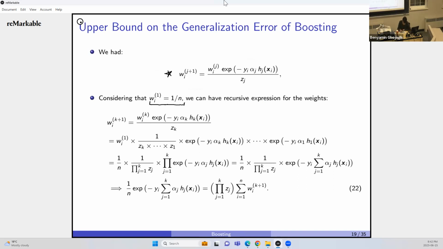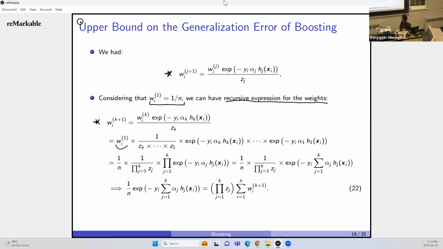Okay, we can have a recursive expression for the weights. So I have this, where k here, I replace j with k, doesn't matter. k is the iteration index. Then I can recursively write it in this way.